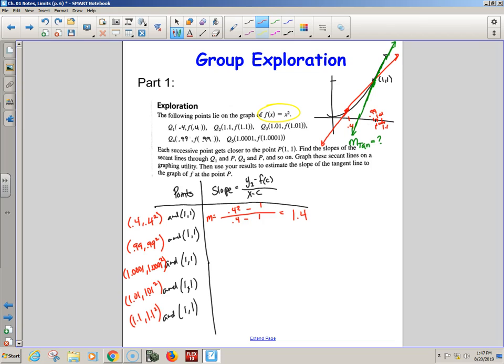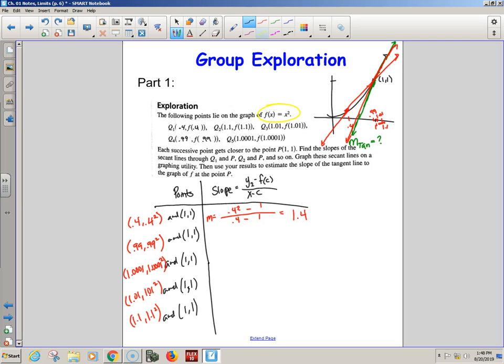Can you guys find me the slopes between each of those? And as you do, can you try to sketch as best you can, going up to the curve, hitting it, and then trying to sketch the line? Try to sketch the lines too. You have all of your different points.